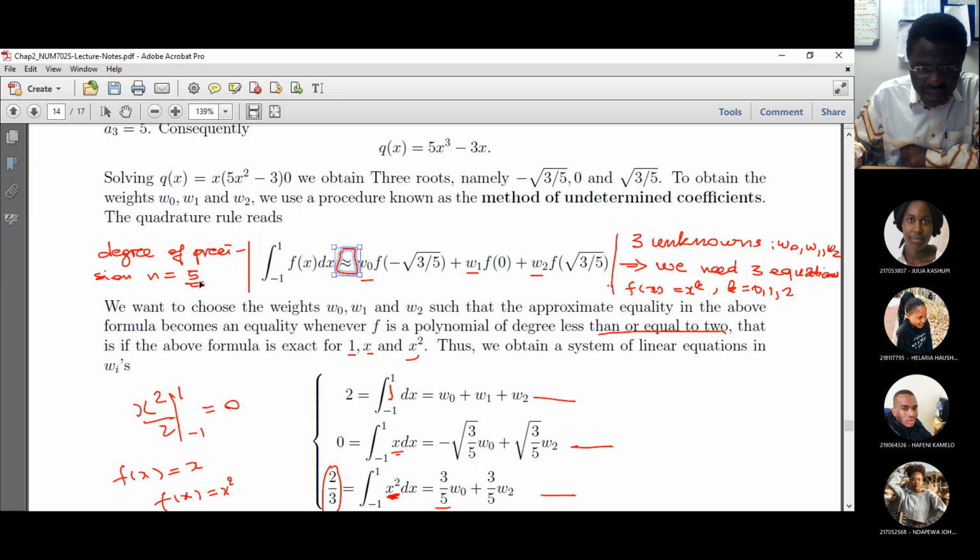Because this 5 is 2n plus 1. But if you take n plus 1 equal to 3, so let me explain here. We have n plus 1 equal to 3 nodal points.